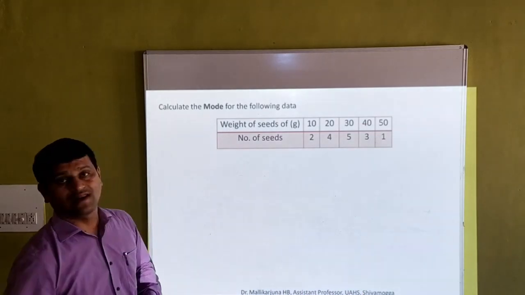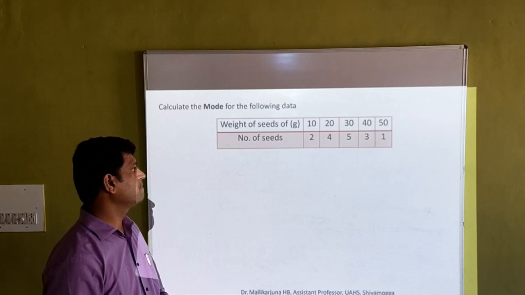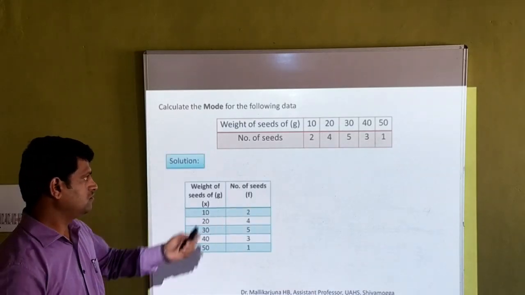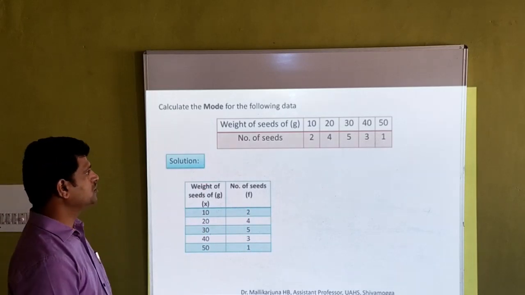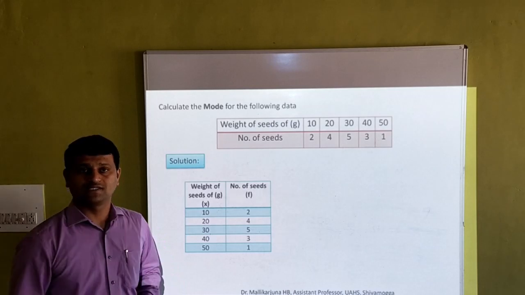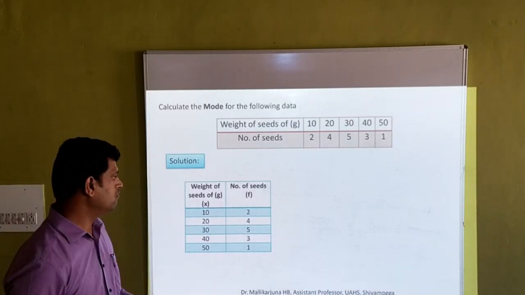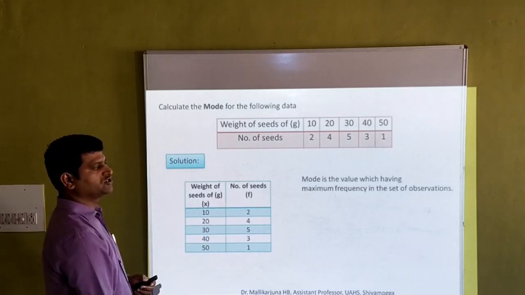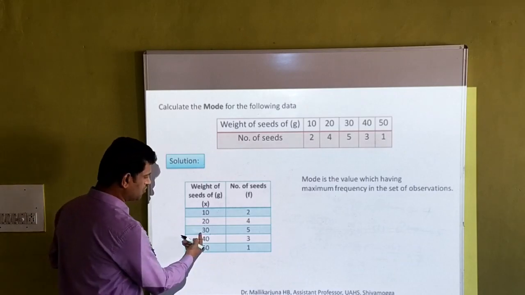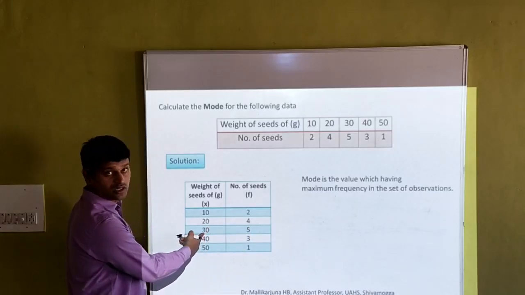Now coming to calculate the mode for the following. This is also a discrete frequency distribution. Coming to the solution, I made vertical columns. Mode for raw data means the value which occurs the maximum number of times. But here, mode is the value having maximum frequency in the set of observations. Maximum frequency is 5, corresponding to 30.